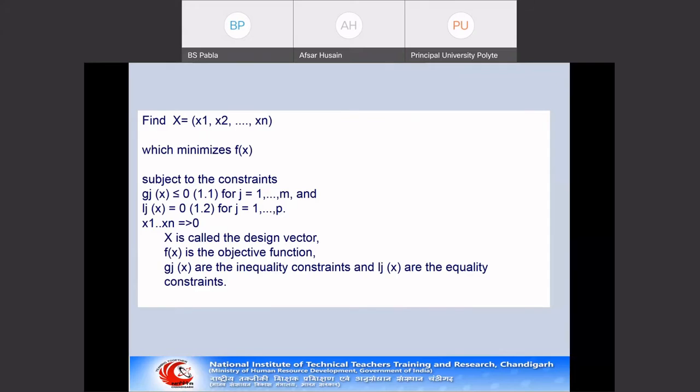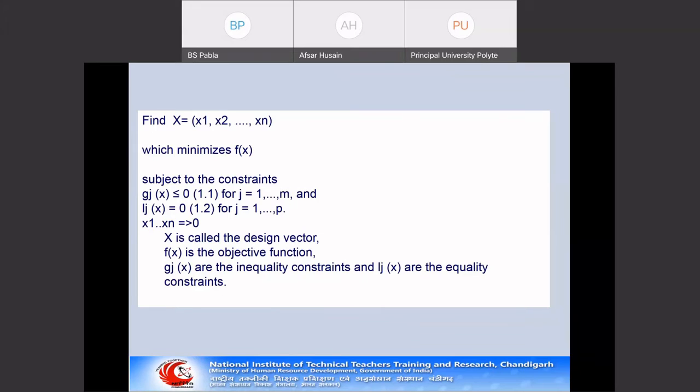Subject to the constraint. What are the constraints? That gj(x), that means g constraints for j equal to 1 to m, is equal to or less than 0. That means gj, this will not be just g, this will be some equation, let's say, or it will be, let's say, x1 is less than 0.